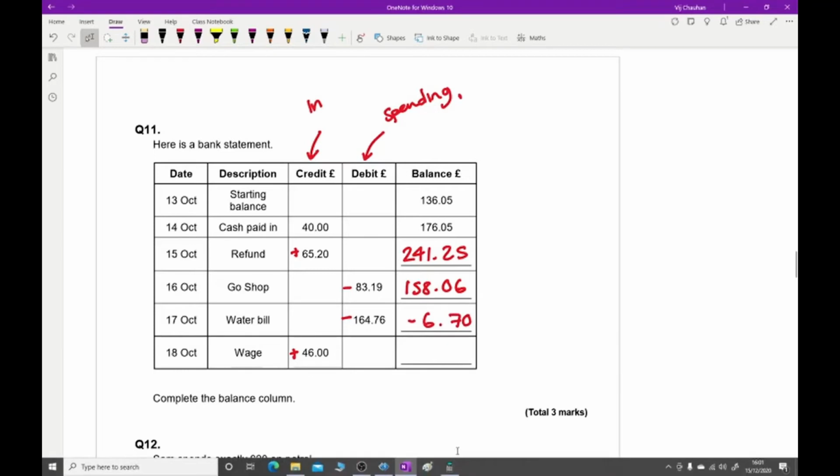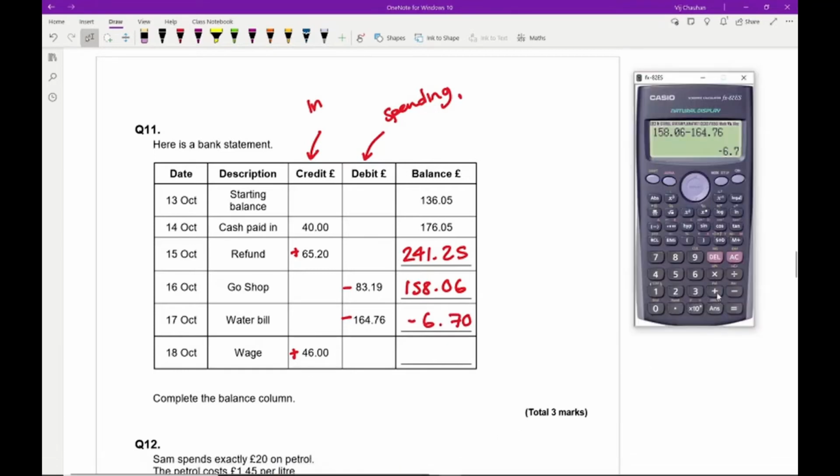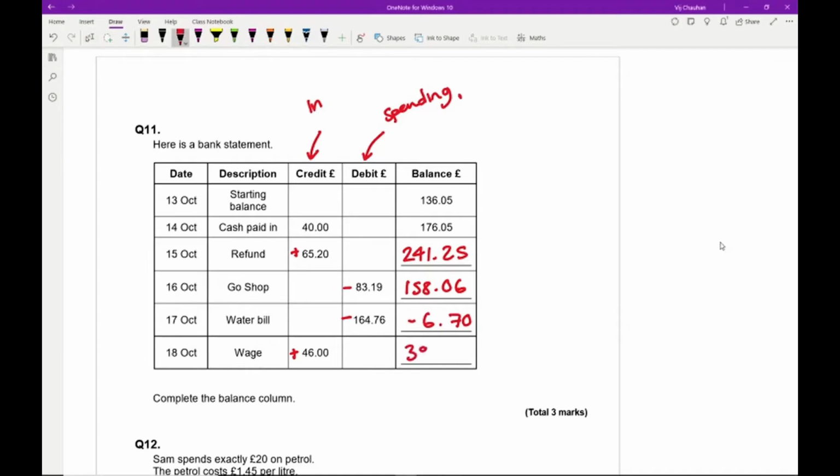So all I need to do is add £46 to minus 6.70, and we get an answer of £39.30. And there is our final amount.